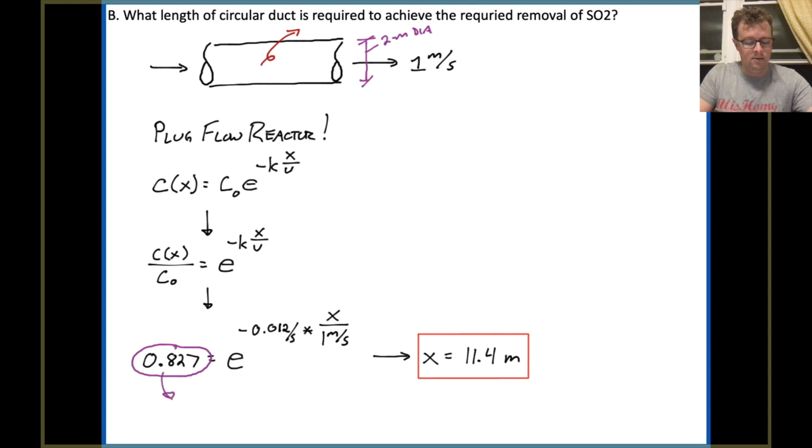So the correct solution here is that 0.173 should equal e to the minus 0.012 per second times x over 1 meter per second. Because I'm catching this mistake on the fly and halfway through the recording, we're just going to roll with it. You should be able to calculate some number here, and I suspect it will be less than 11.4 meters.